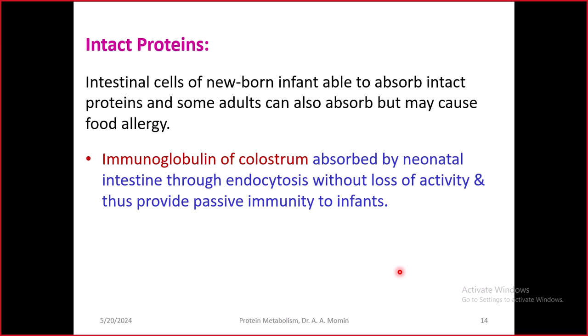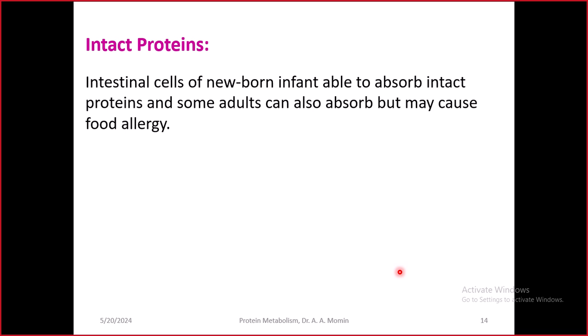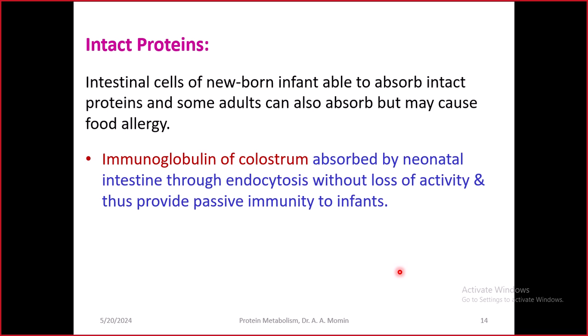Intact proteins can never be absorbed into the blood. If they are absorbed, they show some immunological reaction. That is what we call an allergic reaction in adults. But in infants, intact proteins can be absorbed, because, as we know, the colostrum, the first milk from the mother, has immunoglobulins that provide immunity to the infant.